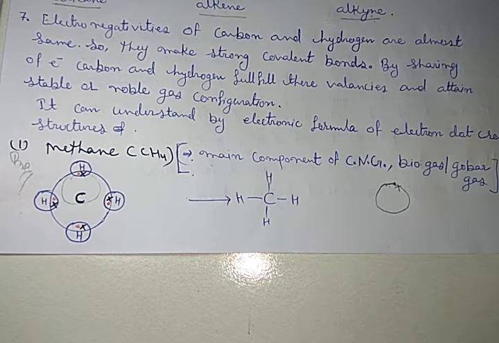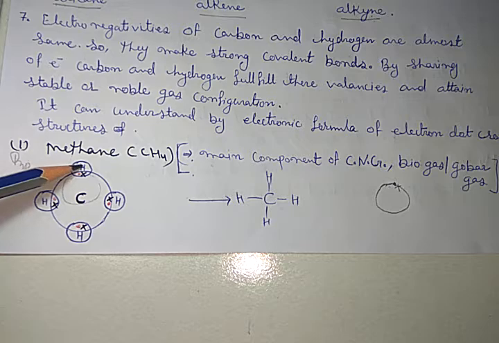That means if there are two hydrogen, then both hydrogen electrons will show by either dot or by cross. But if there are different atoms, then electrons of one element are denoted by dot, while the electrons of other element are denoted by cross. Like here, one is dotted and one is crossed.